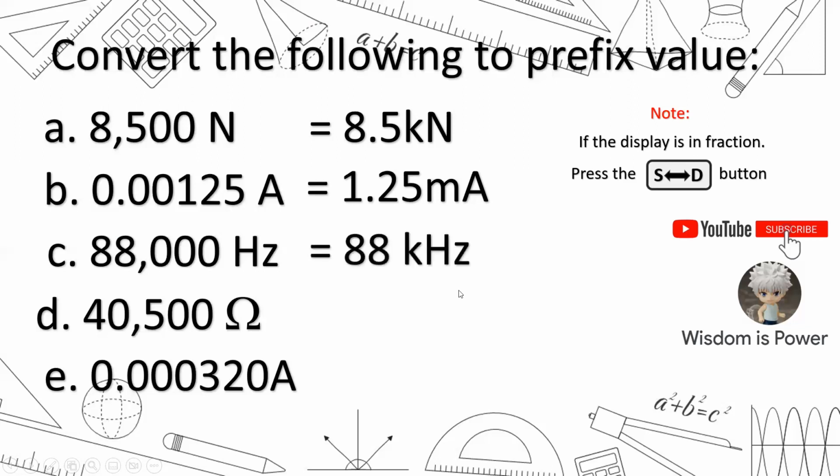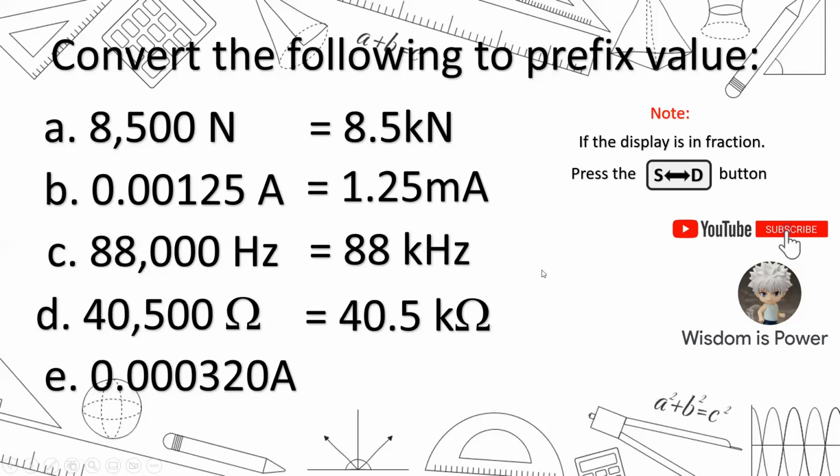So that is 88 times 10 to the positive 3 hertz, or simply 88 kilohertz. The 40,500 ohms, simply 40.5 times 10 to the positive 3, or simply 40.5 kilo ohms.